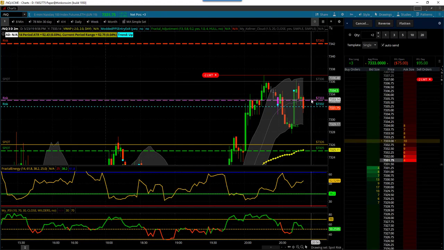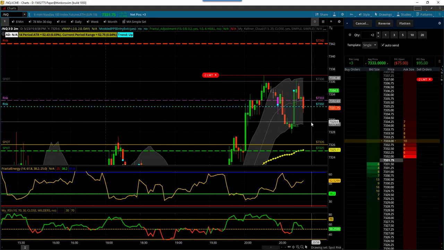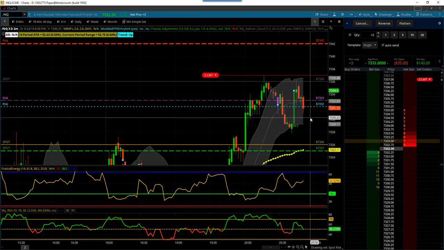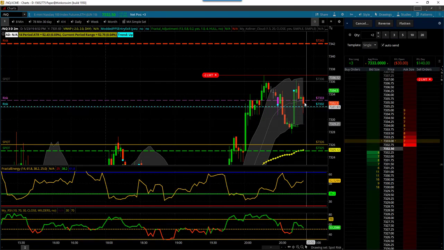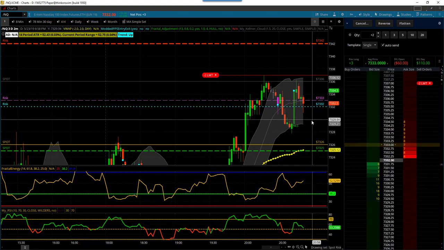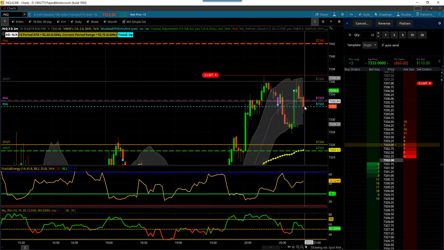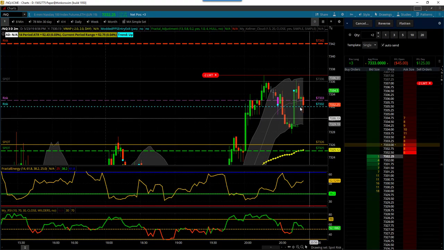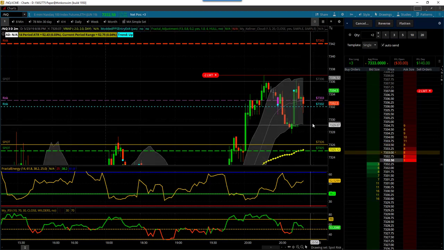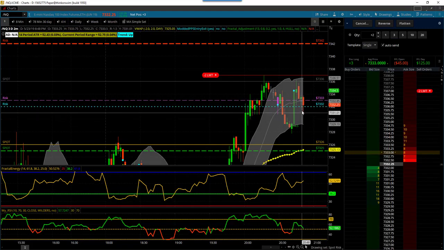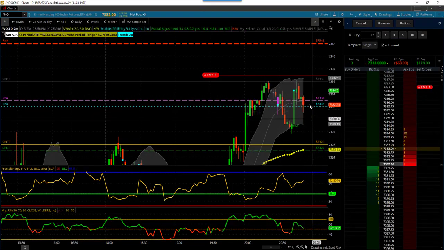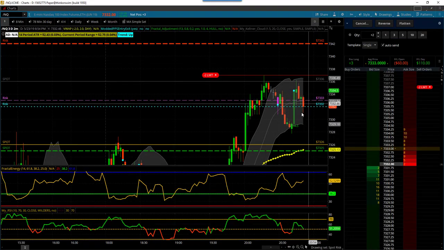4 points is what we would want to watch. If I got in at 33, then 29 would be my 4 points of loss. And you can see that we have not come down 4 points. This is still a good trade. We're taking a little bit of heat, but if I was to just put in a hard stop at 29 and price came down against me a little bit before moving up, I wouldn't have the opportunity to see the trade through.